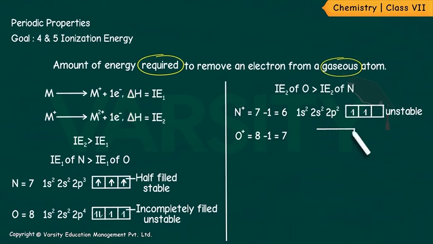As we are discussing the changes in periodicity across the period and down the group, we also need to see the factors which determine the ionization energy. First, we'll discuss the variation across the period from left to right.